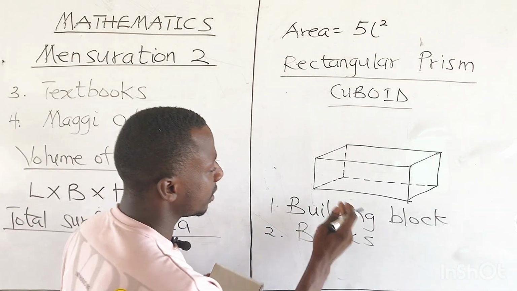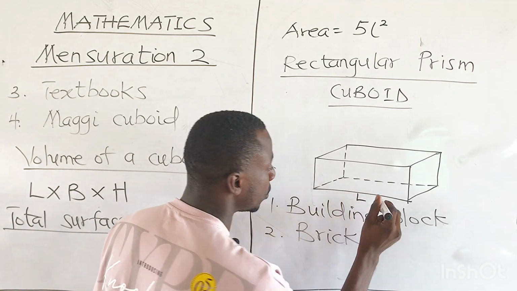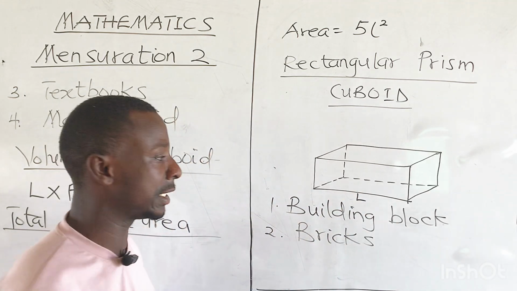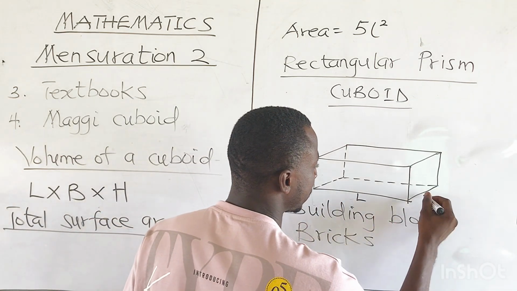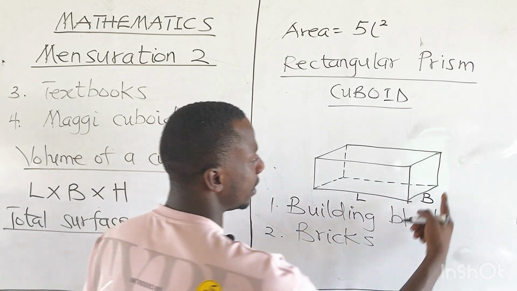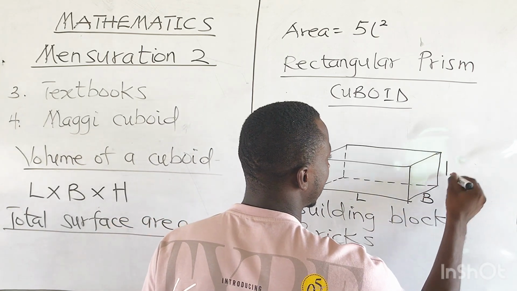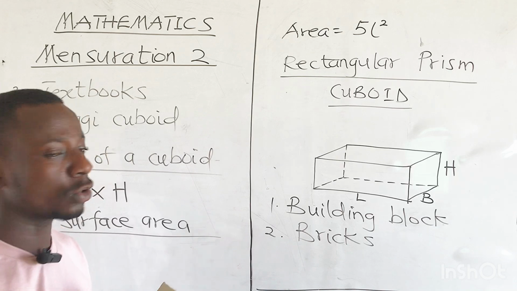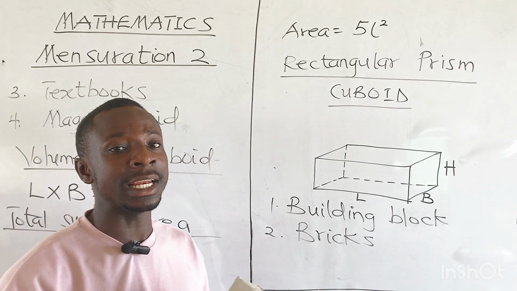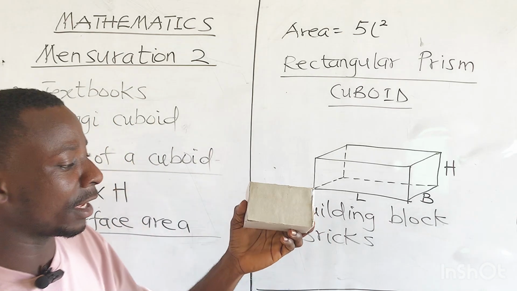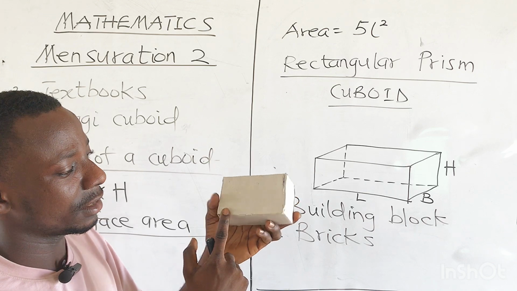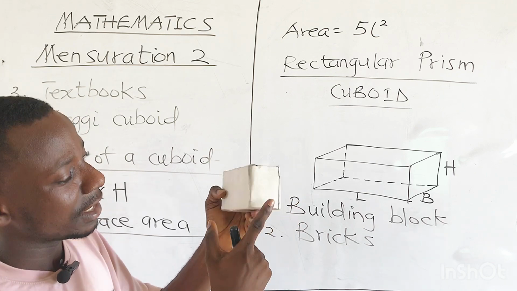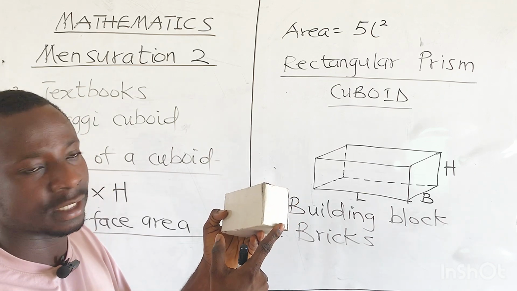From here, the base is the length, so I am using L to represent it. This side is the breadth, that is B. Then this side is the height. So if I relate to the artifact I have here, this is the length, this is the height, then this side is the breadth.